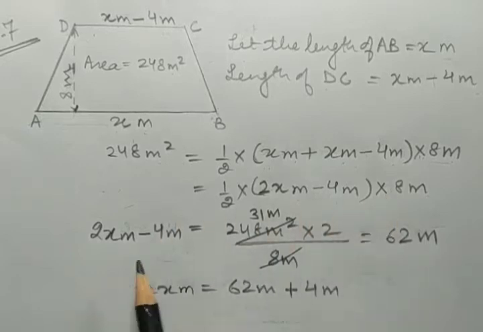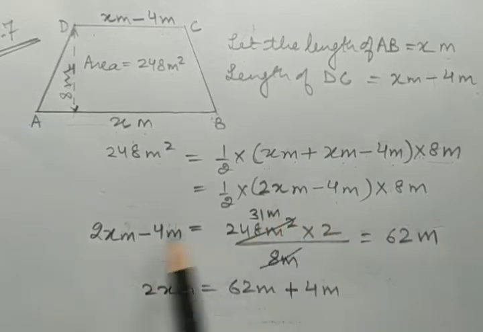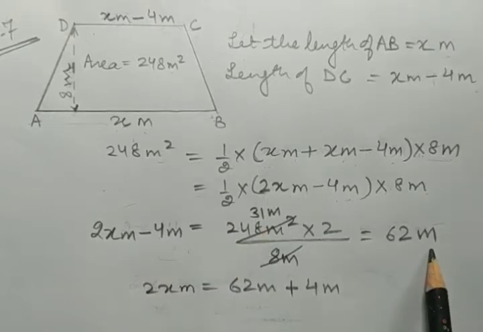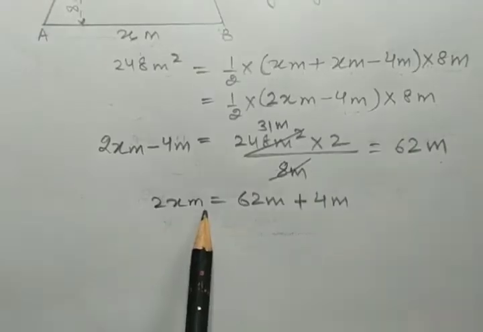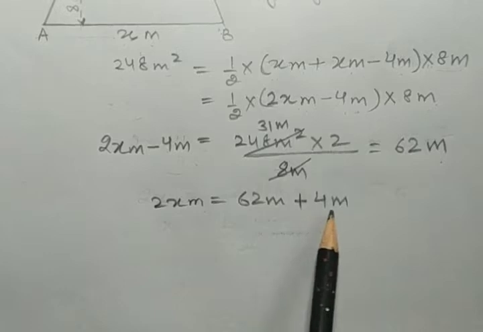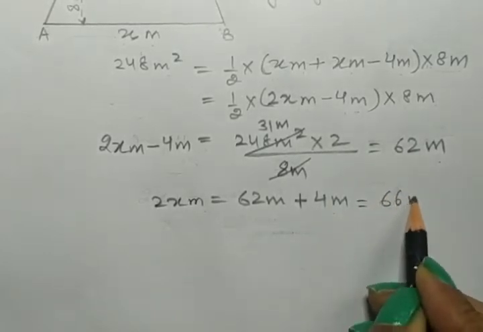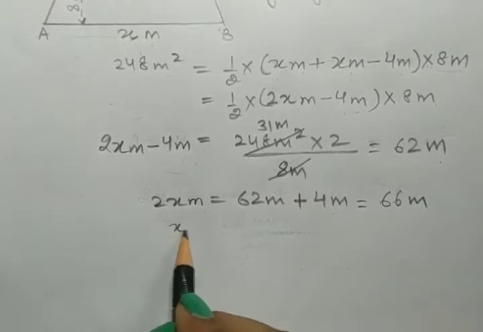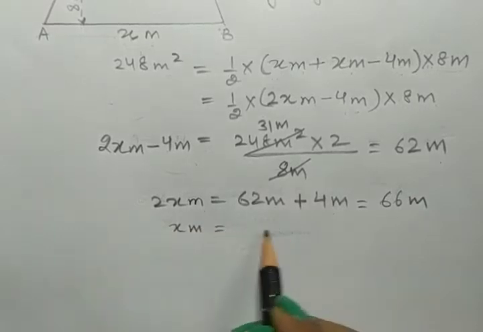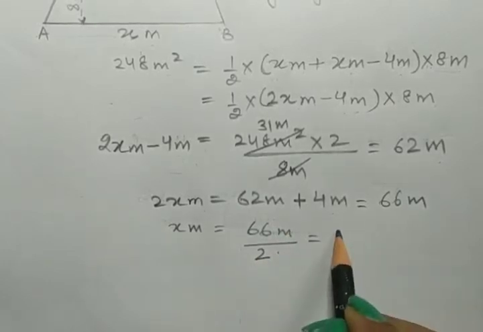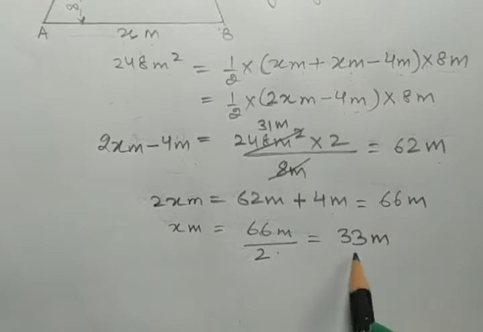Now after cross multiplication we get 2x meter minus 4 meter is equal to 62 meters. 2x meter is equal to 62 meters plus 4 meters, that is equal to 66 meters. So the value of x will be 66 meters divided by 2, we get 33 meters.